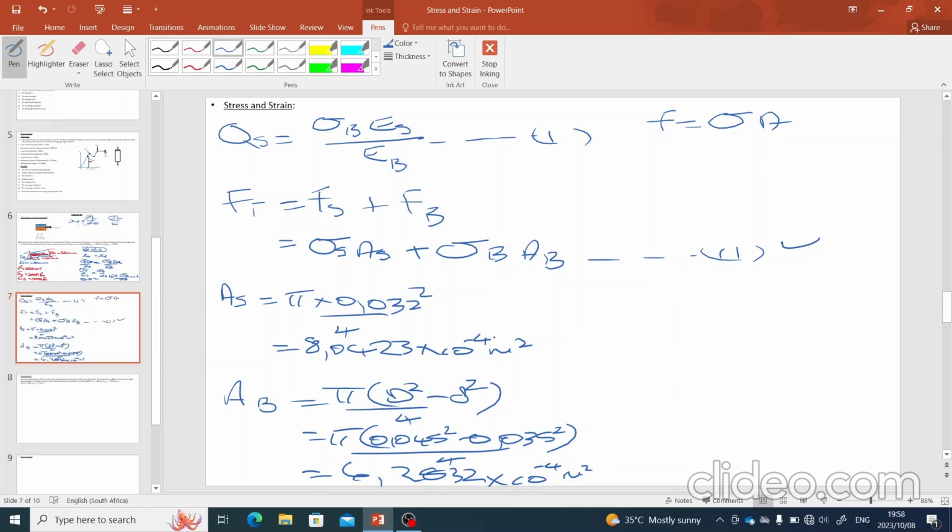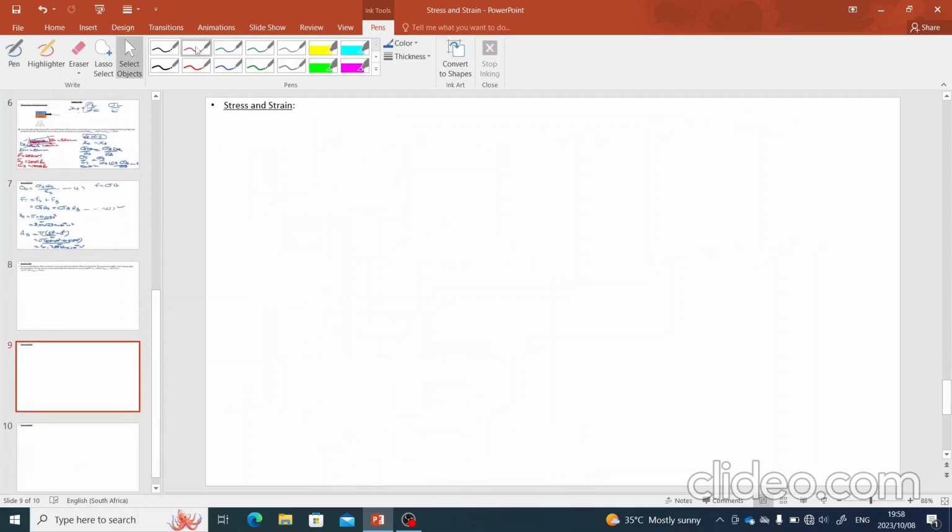Okay, now let's go to the new page. Stress steel is stress brass multiplied by the brass. Can I make brass the subject of the formula, because I've worked it out using the brass.